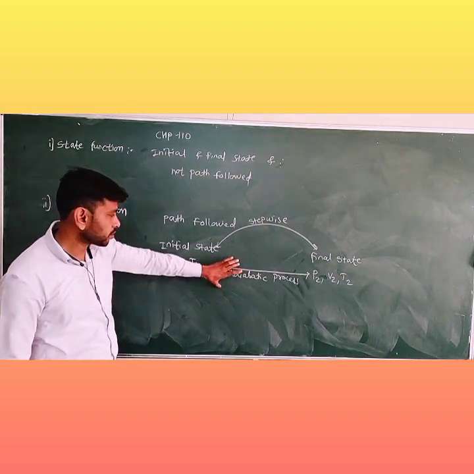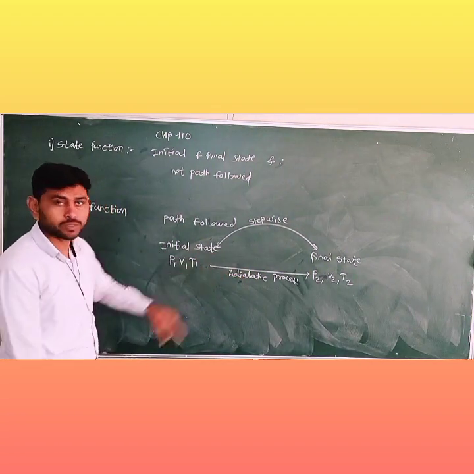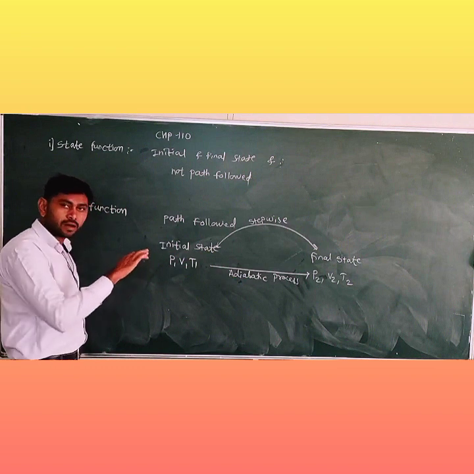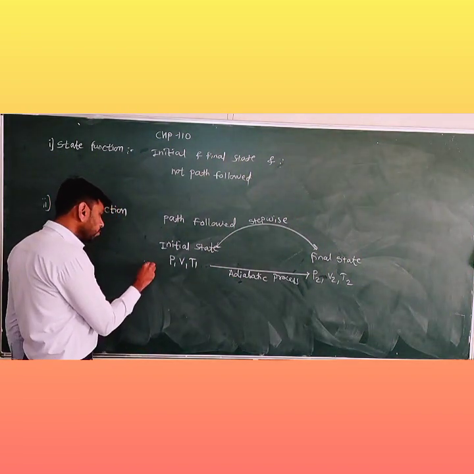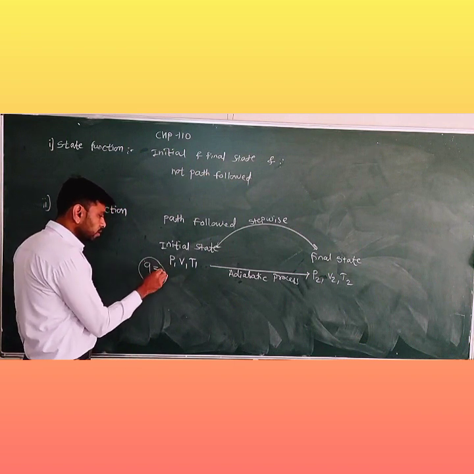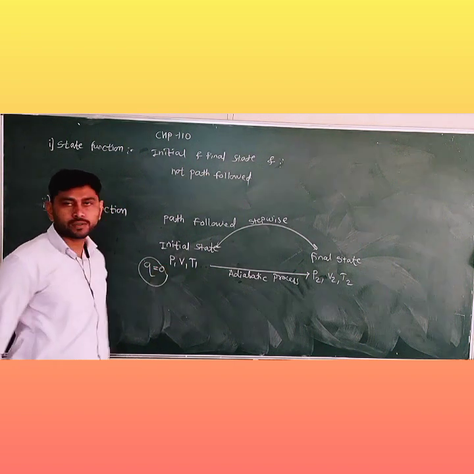We know what an adiabatic process is; we saw this term in the last lecture. An adiabatic process is a process in which no heat is allowed to enter or leave the system. So Q is equal to 0 for this process.